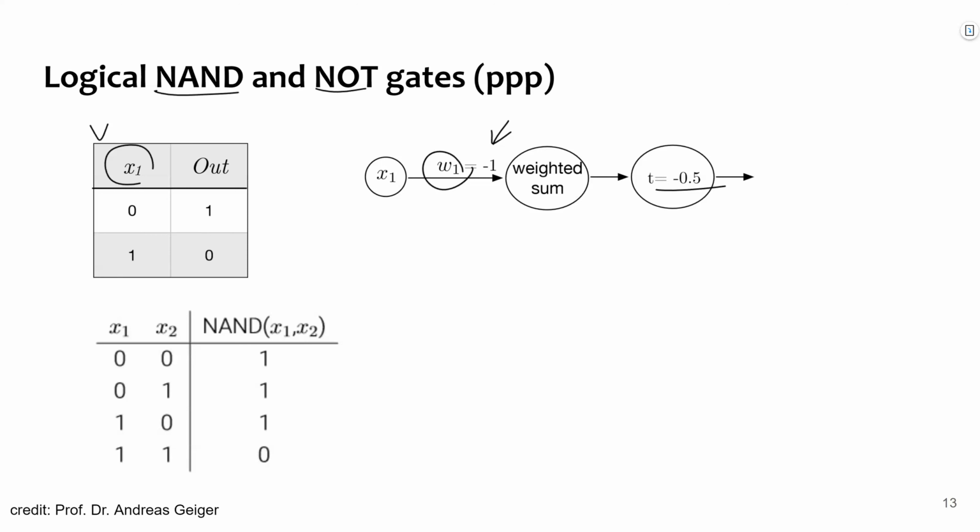In this case, if you multiply -1 by 0, it becomes 0. And because this one is larger than -0.5, it's going to become 1. In this case, it becomes -1 because 1 times -1 is -1. And this value is smaller than -0.5.